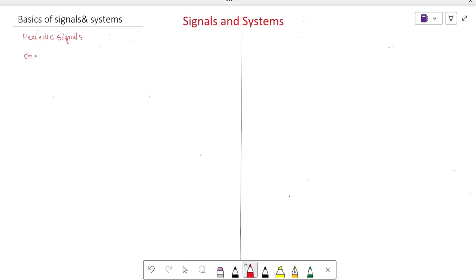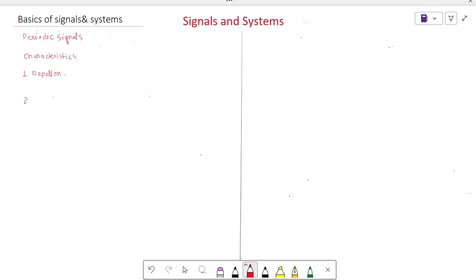So first of all, if you understood the characteristics, then you can easily understand what is a periodic signal. So in this, the first characteristic is repetition, then time period and frequency. If you understood these three characteristics, then you can understand what is a periodic signal.